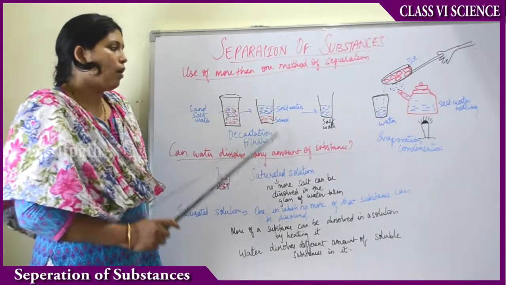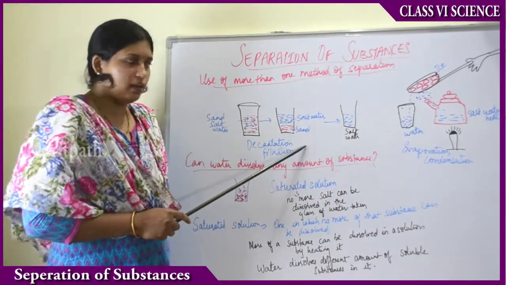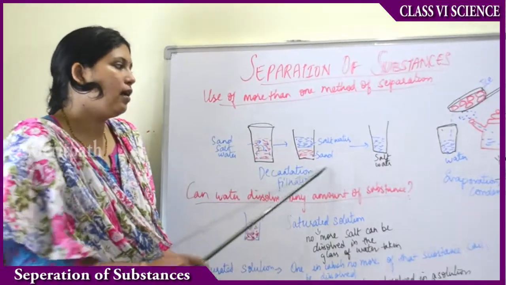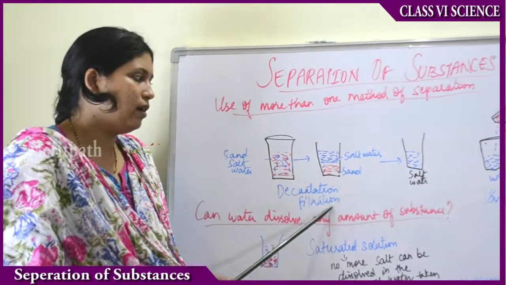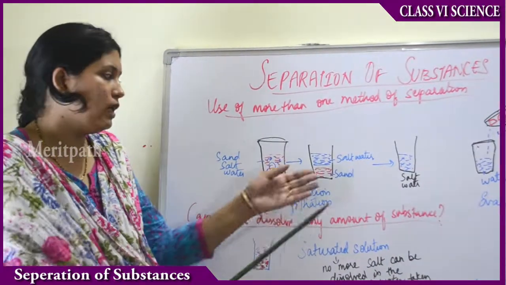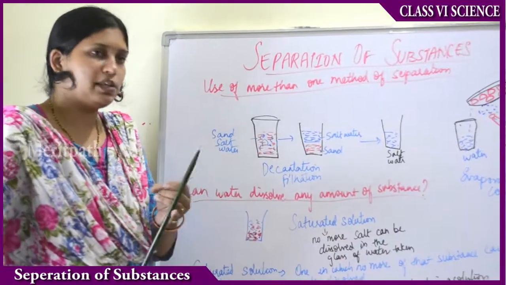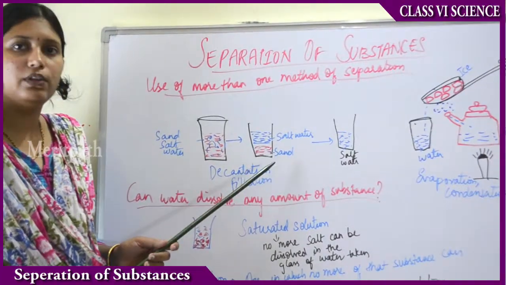So after some time, sand will settle at the bottom, that is sedimentation, and the top salt water will be floating, that is decantation. Again, if you filter this salt water by the filtration method, you get the salt water solution. The sand will be left behind. Clear, right? First, it was a mixture of sand, water and salt. You let it stand for some time without disturbance.